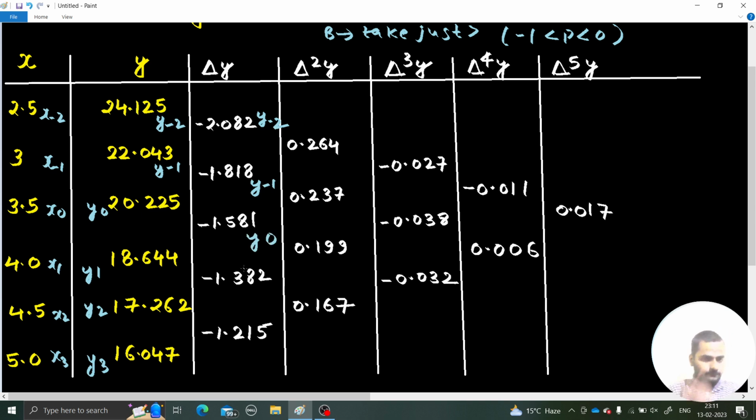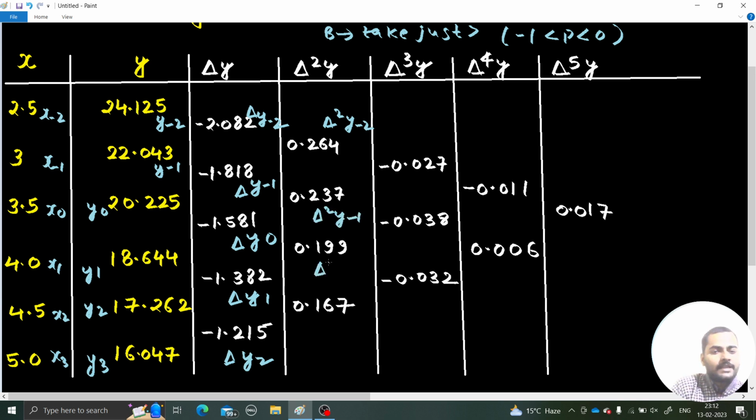Then delta y and delta y2. Again take the upper one, so delta 2 y minus 2, delta 2 y minus 1, delta 2 y0 and delta 2 y1.